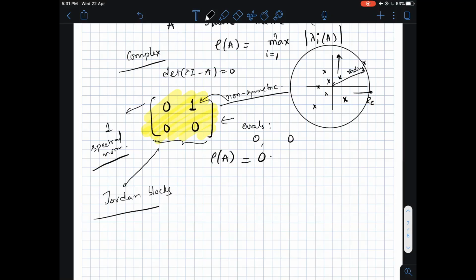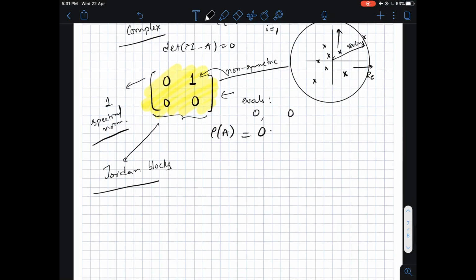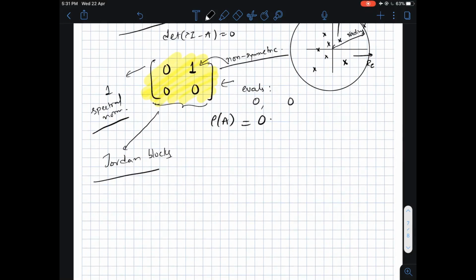In fact, you can find out its Frobenius norm and spectral norm, and you see that they'll be non-zero. So it's definitely not a norm. But what is very interesting here is that for any induced norm, rho of A will be less than or equal to the induced norm.